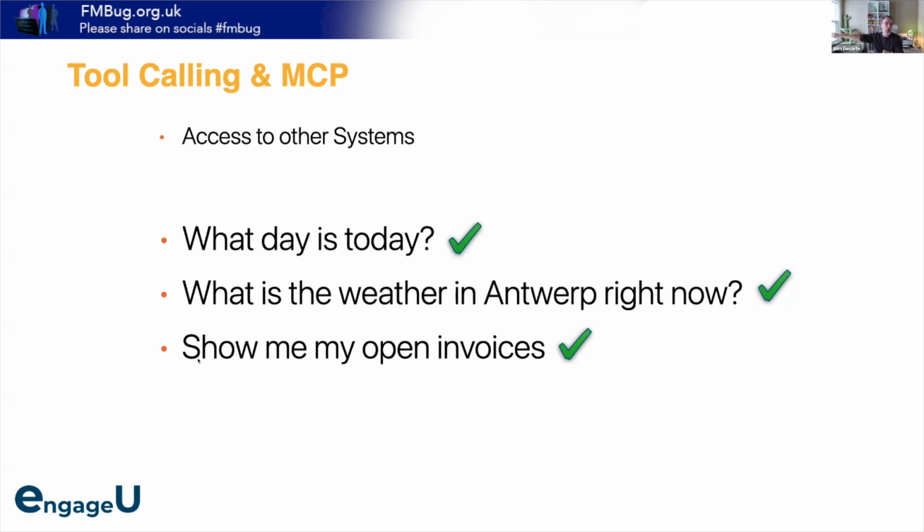Then the MCP server will call the FileMaker script. The FileMaker script will return whatever it is that you want to return, which is typically going to be JSON with the information about the open invoices. The MCP server is going to turn around and feed that back into the AI application, and the AI application will determine what to do with that.